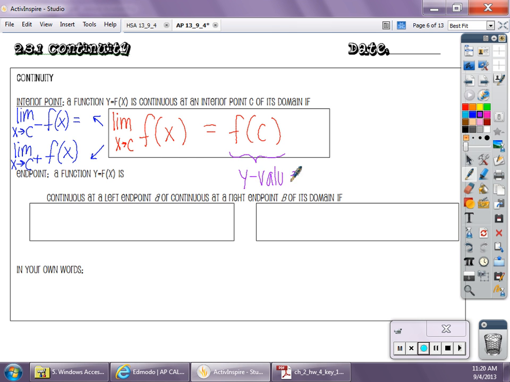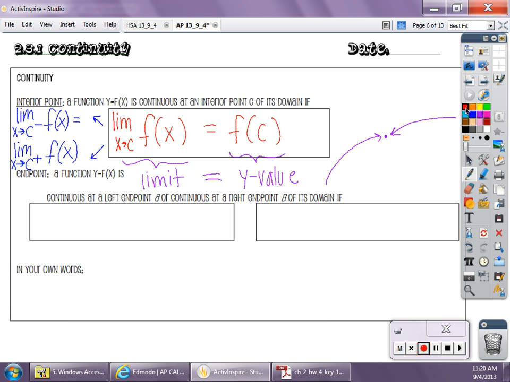So what we're saying is that the limit, because that's the definition that's up there, has to be equal to the y value for the function to be continuous. Okay? So, coming in from the left, coming in from the right, they have to go to the same place, and it has to be its y value. What it means is that point has to be right there.